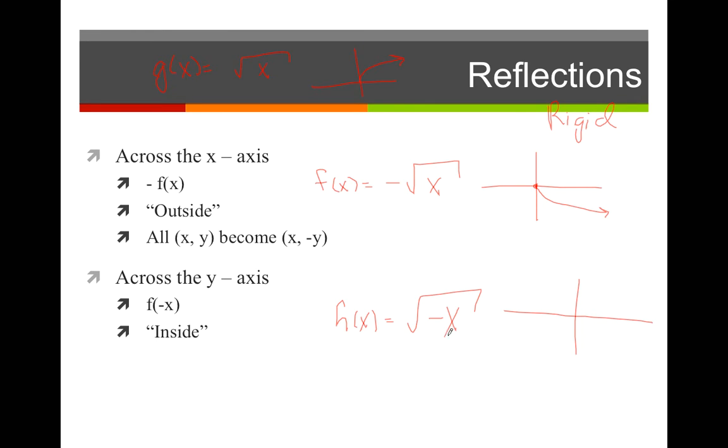Now, some of you might be a little bit worried here, saying that that's a negative under my radical, but that's not true. This says take the opposite of all of my x's and square root them. So if I have positives, I now want the negative x's. And if this is my parent function up at the top, the reflection across the y-axis is going to be that. So I've changed all of my x values to opposite x values.